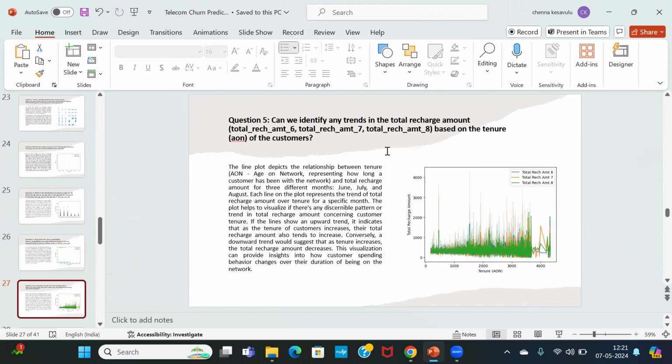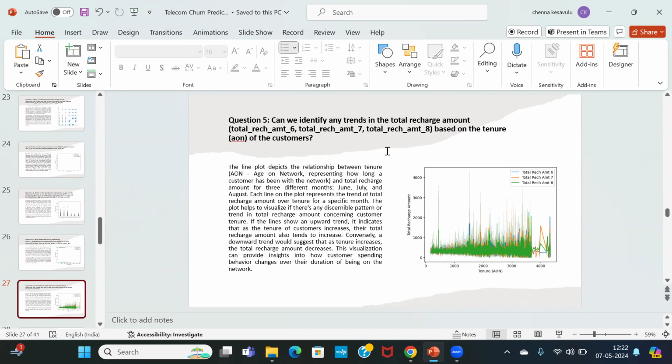And the last question is, can we identify any trends in the total recharge amount based on the tenure of customers? The line plot depicts the relationship between the tenure and total recharge amount for the three different months, June, July, and August. Each line on the plot represents the trend of total recharge amount over tenure for a specific month.